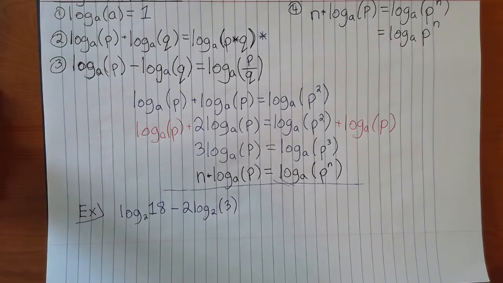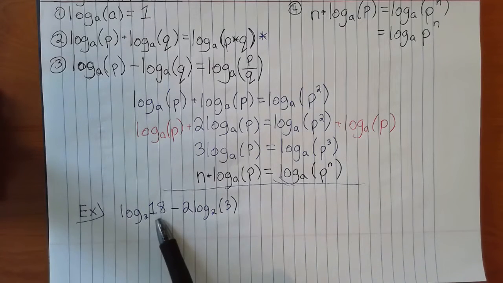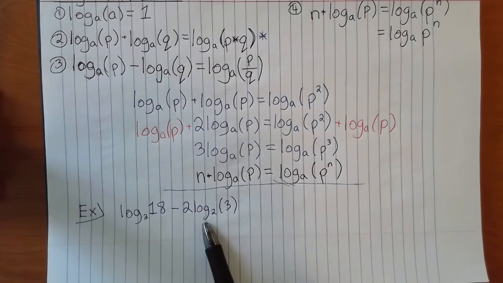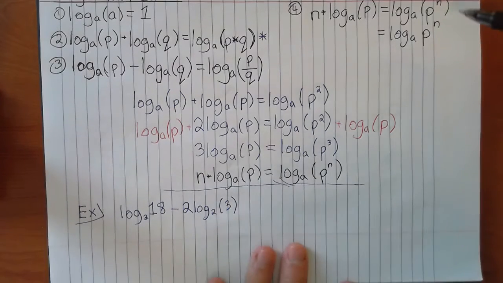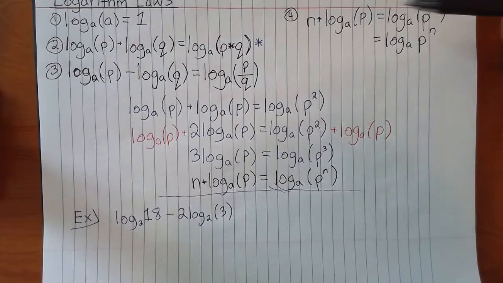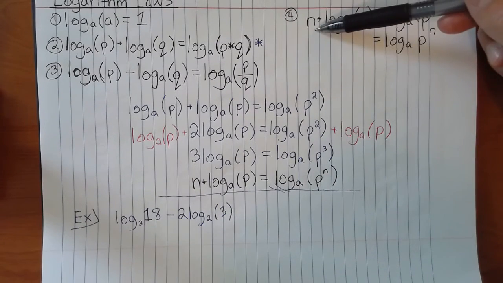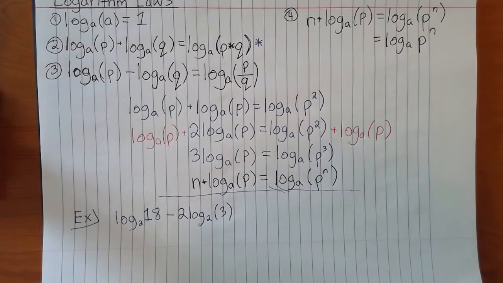Let's try an example here to end off this video. We are looking at log base 2 of 18 minus 2 times log base 2 of 3. So if we think about the law we just wrote down, number 4, well, if we have a coefficient in front like n multiplied by a logarithm, we can make an exponent instead.